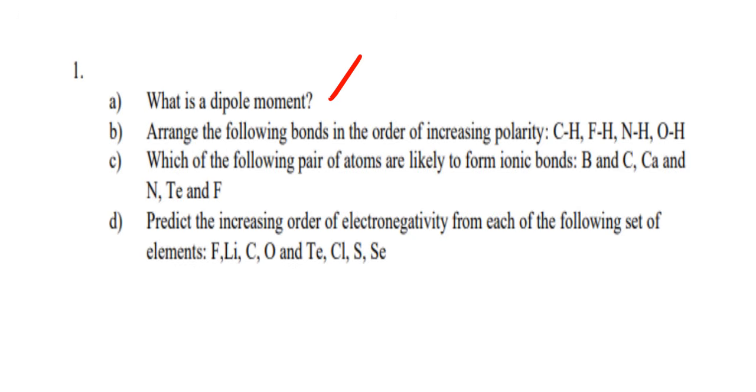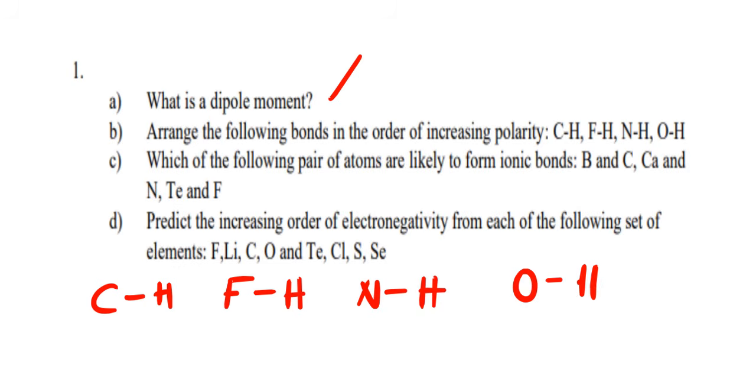Okay, so we've got C to H, F to H, N to H, and O to H. So, in terms of increasing dipoles, your carbon is just 2.5 in terms of electronegativity, your hydrogen is 2.1.